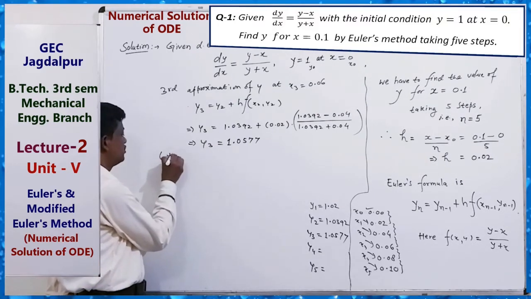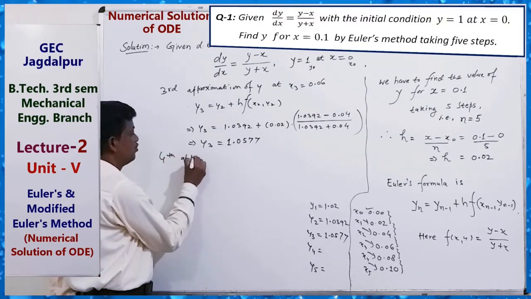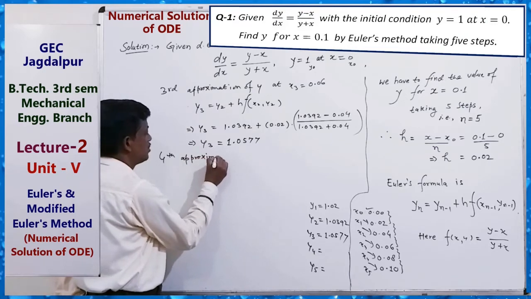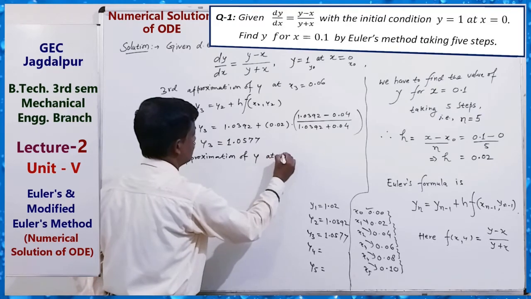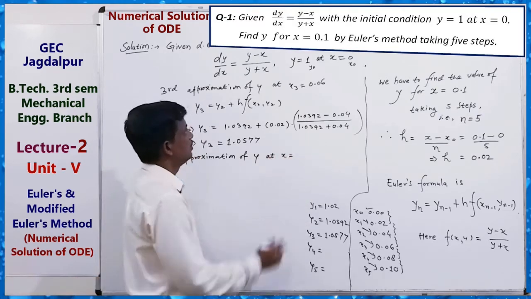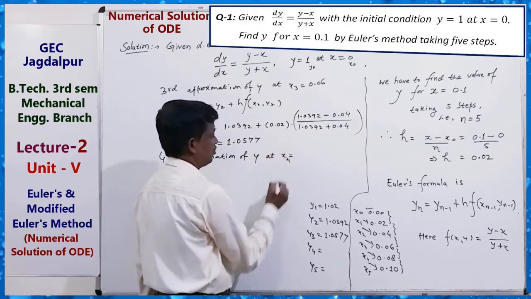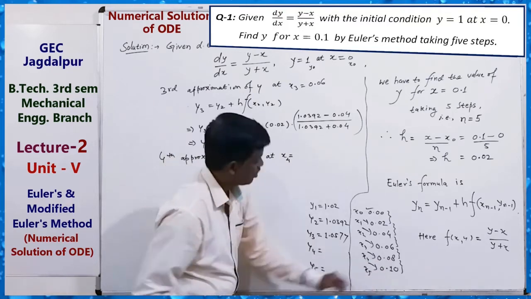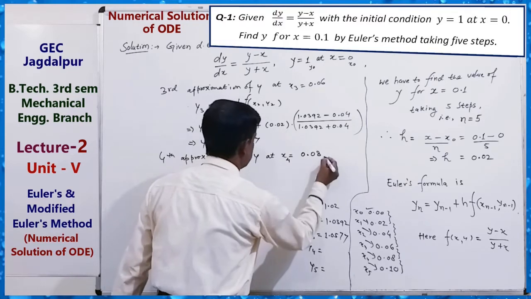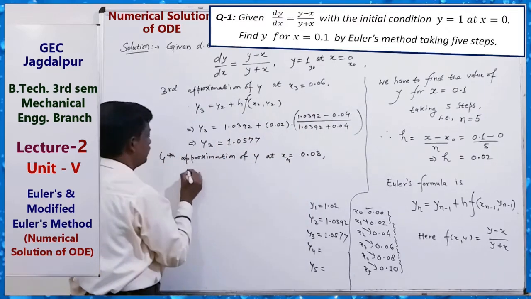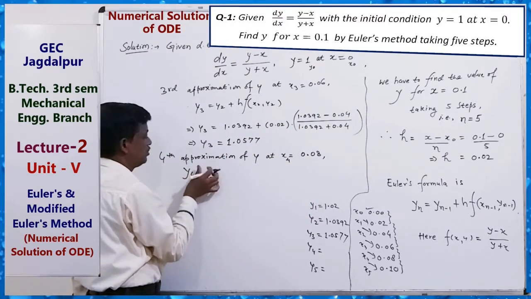Fourth approximation of y at x4 equals 0.08.